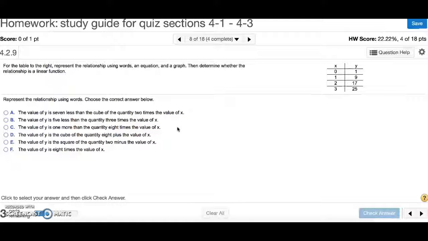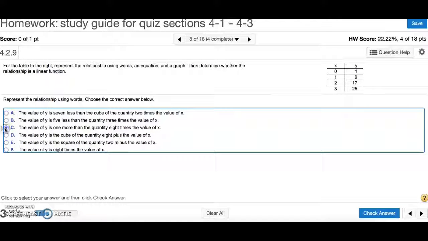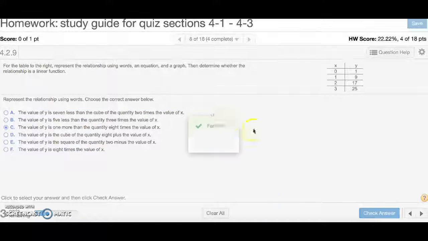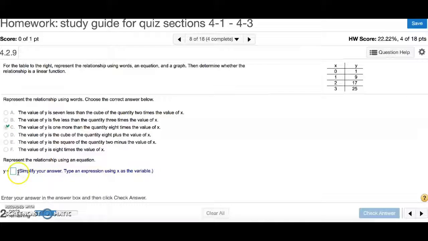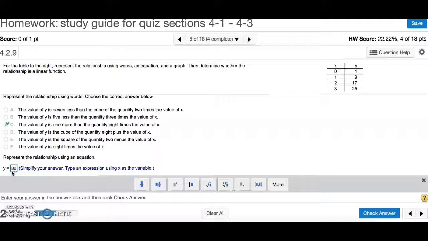So it'll be 8x plus 1. So let's put in 1 for x. So 1 times 8 is 8, plus 1 is 9. Okay, that works. Let's do 8 times 3, 24. 24 plus 1 is 25. Okay, so that tells me it is going to be C. So like I said, 8x plus 1.